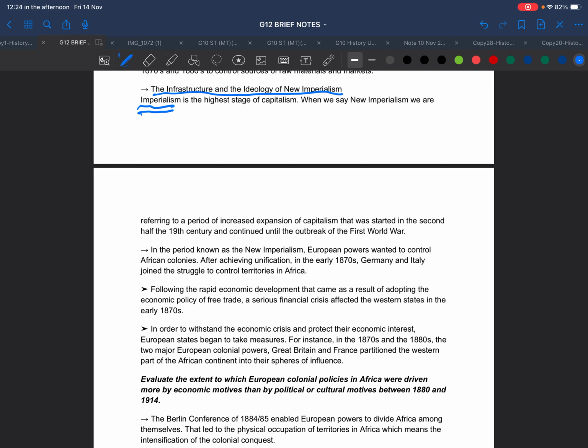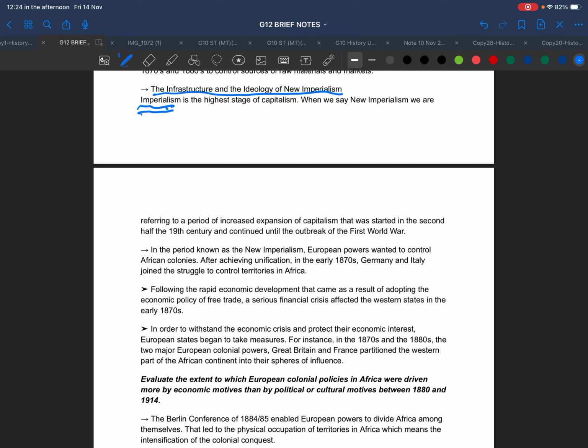True. Highest stage meaning the last stage of capitalism, some 200 or 300 years after early capitalism, when we have a developed and matured capitalism, which we call imperialism.